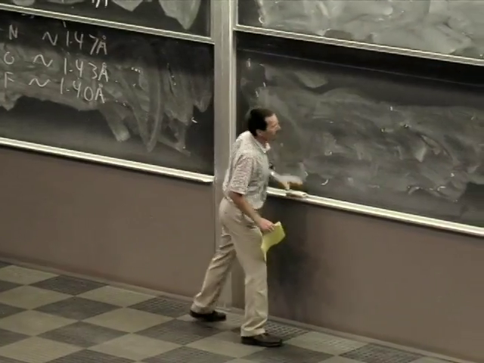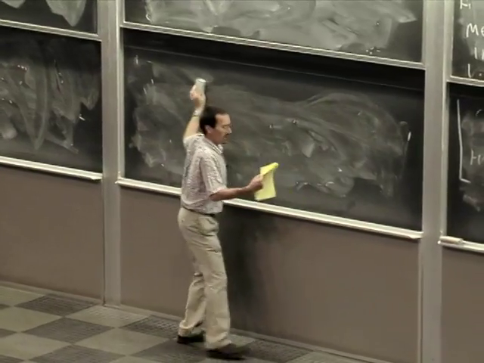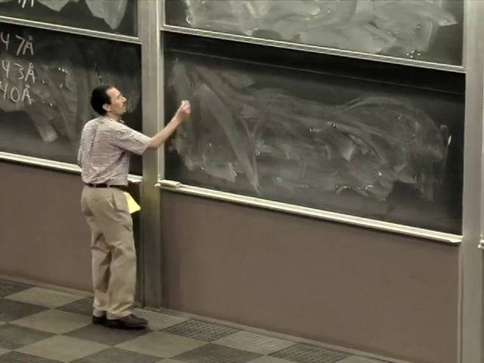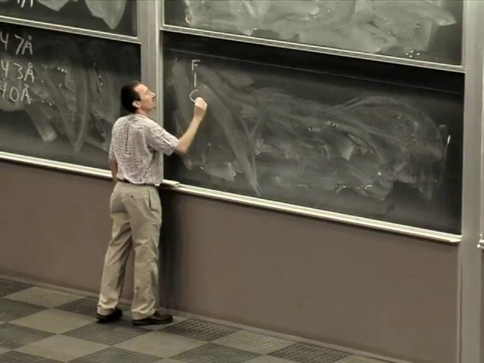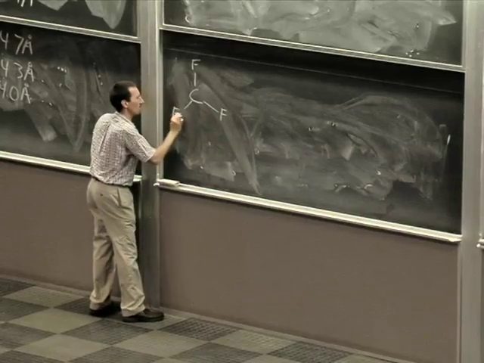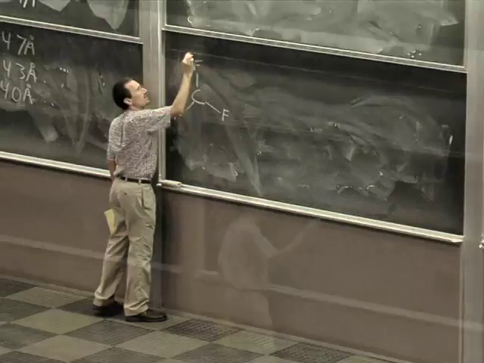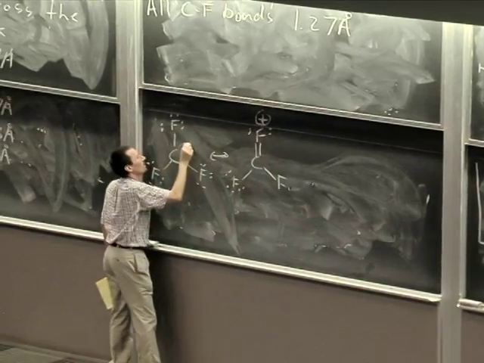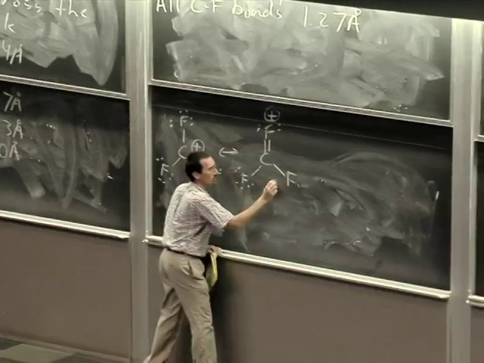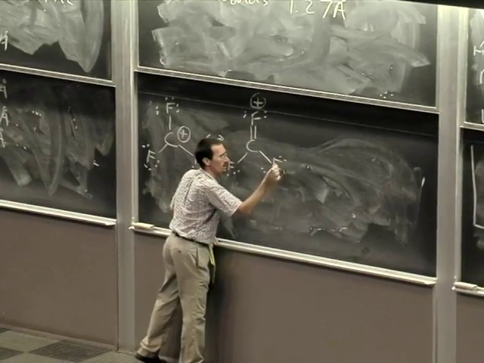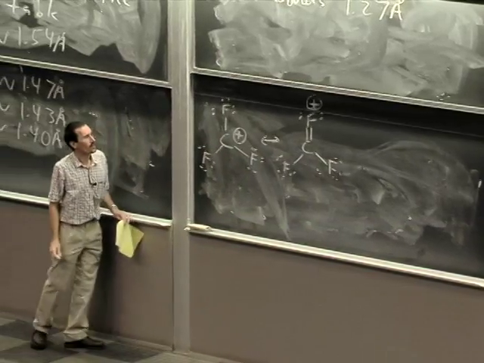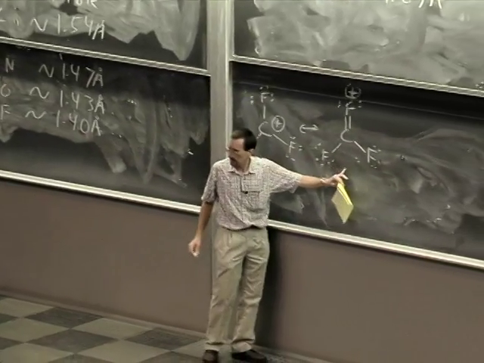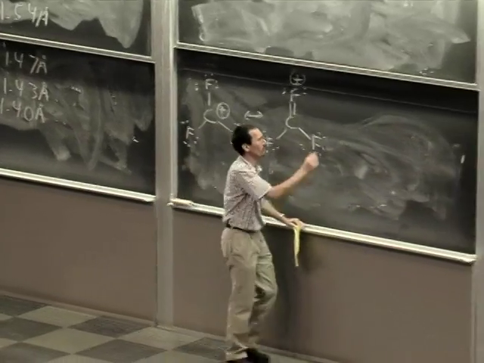Let's see if we can write some resonance structures that represent the structure of the molecule. If I put together all of my atoms and a positive charge on it, and each of the other fluorines has 3 lone pairs and a single bond to it, I can write 2 other resonance structures just like this, except where I have double bonds to the other fluorine.